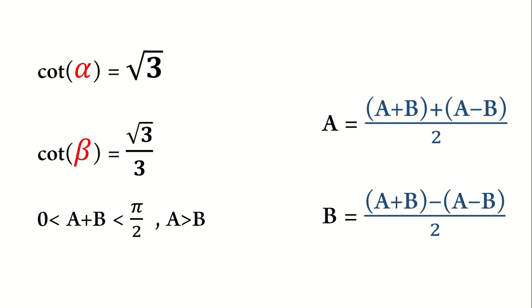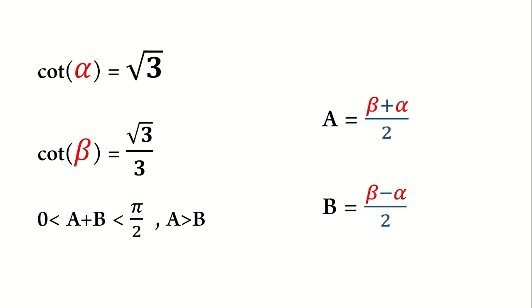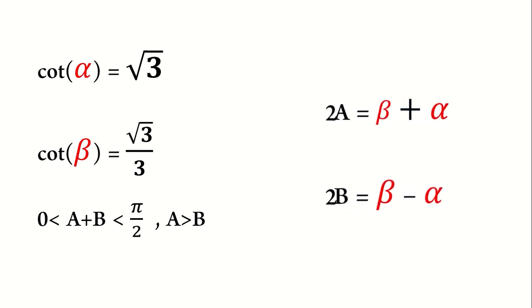Okay, we can rewrite this again. A would be equal to beta plus alpha over 2, and B is equal to beta minus alpha over 2. So as I said, we can move the two denominator terms to the other side of the equal sign.